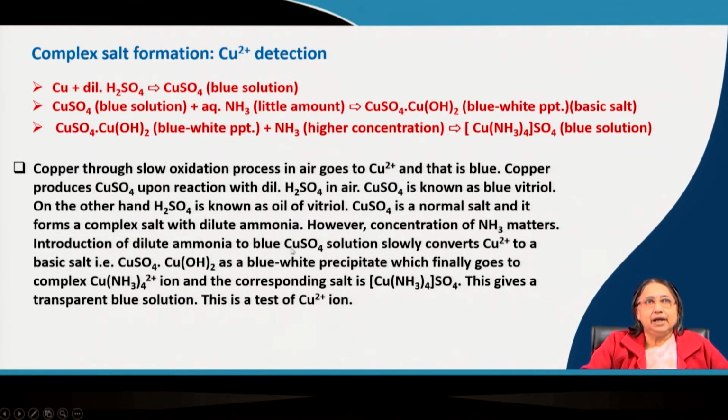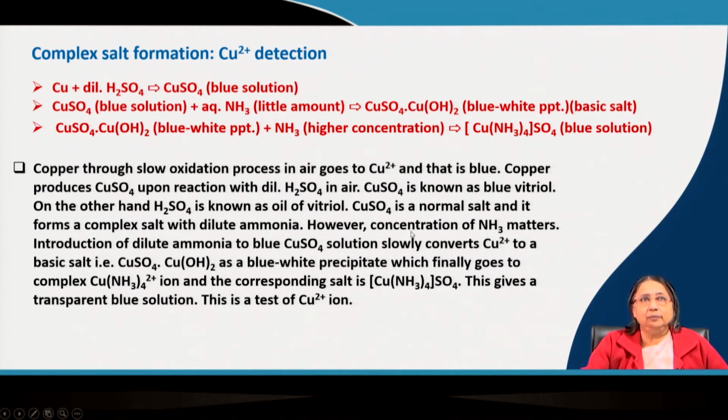What is happening? Introduction of dilute ammonia to blue copper sulphate solution. If you take some copper sulphate solution in a test tube and add ammonia solution, and the ammonia is at low concentration, then what will happen?